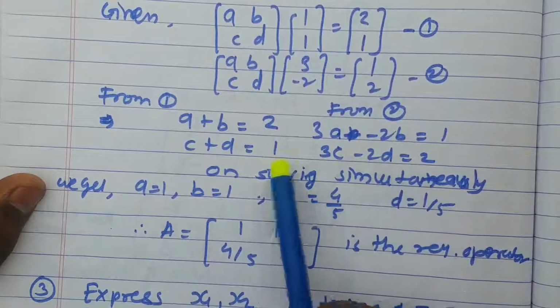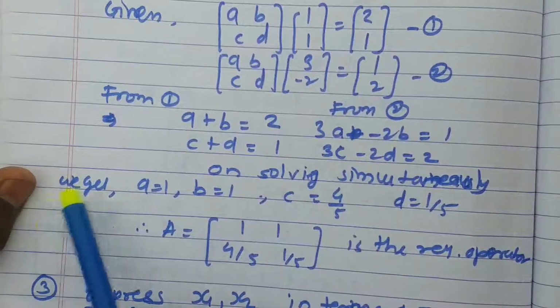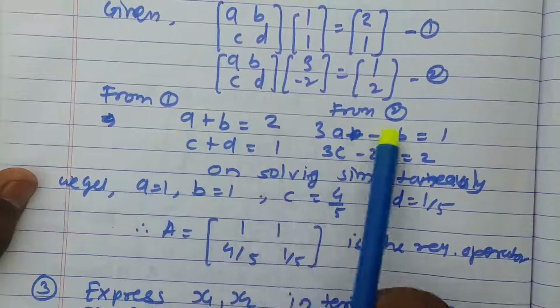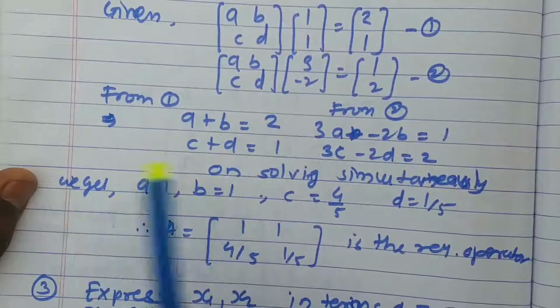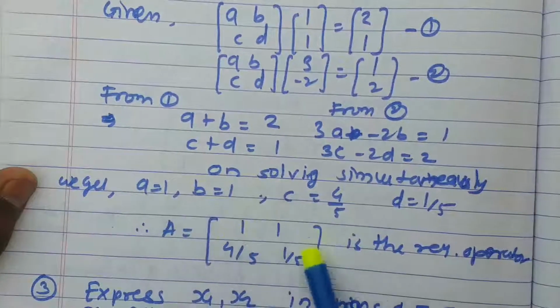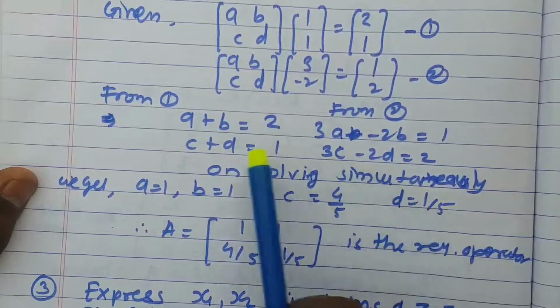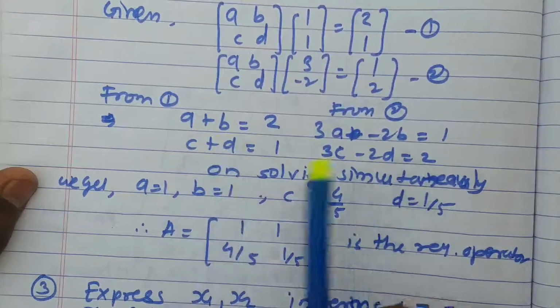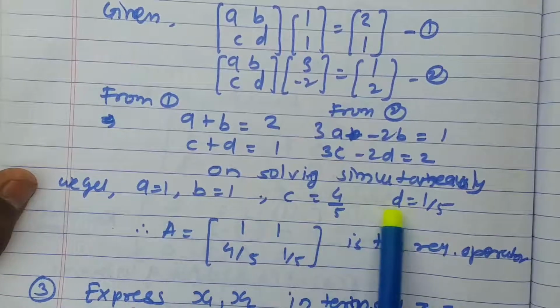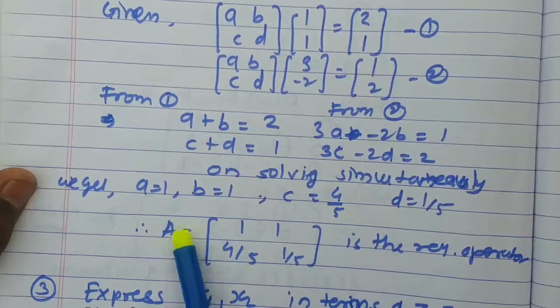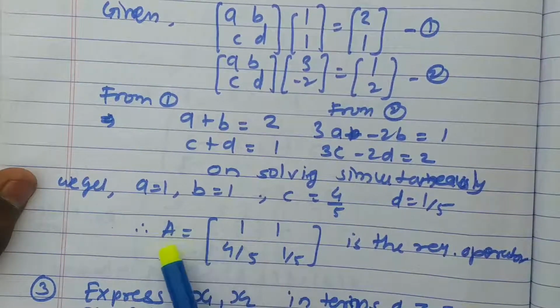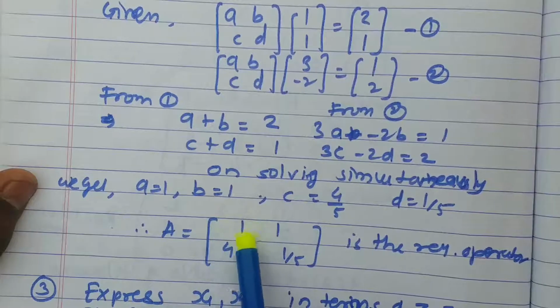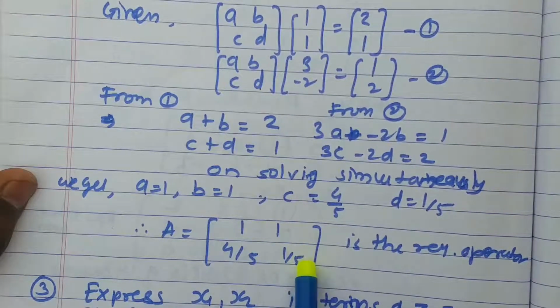On solving them simultaneously, we will get A equal to 1, B equal to 1, you can check, and C equal to 4 by 5, D equal to 1 by 5. So finally, we have all the values of A, B, C, D, and the required matrix operator will look like 1, 1, 4 by 5, 1 by 5.